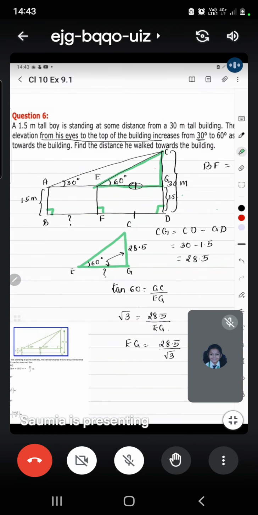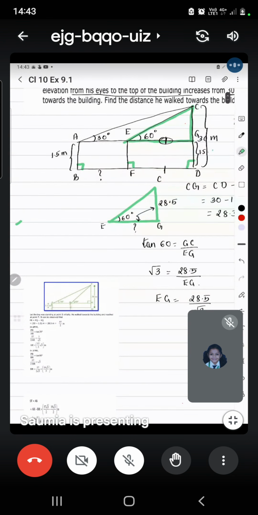Now let us go to the next right angle triangle. What is the next right angle triangle? The bigger triangle, A, C, and G. Now in this triangle, I have this as 30 degrees and I have this as 28.5. Now I am going to find out AG. How will I find it? Which ratio? Same, tan ratio.